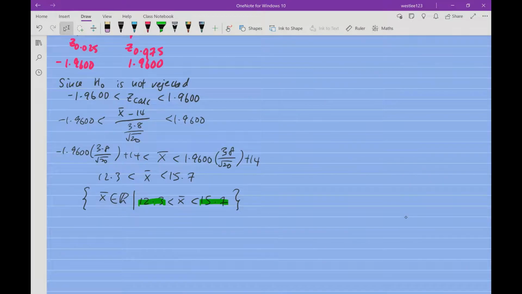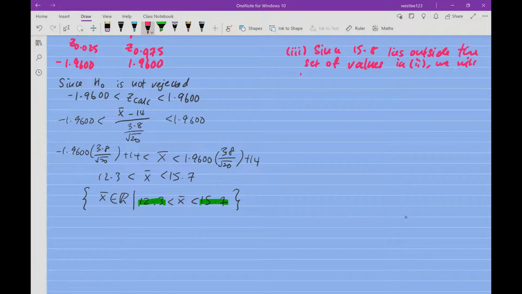All right, so for part 3, since 15.8 lies outside the set of values in part 2, we will reject H0 and conclude that we have sufficient evidence.